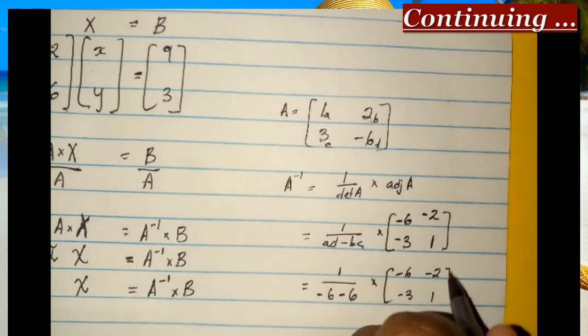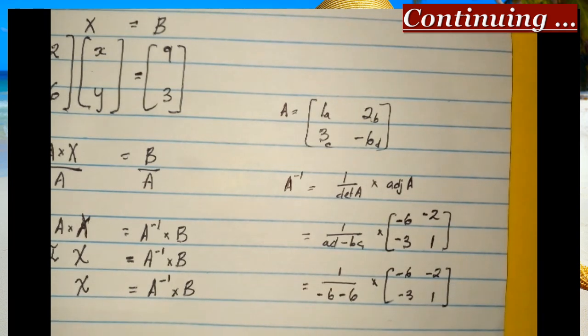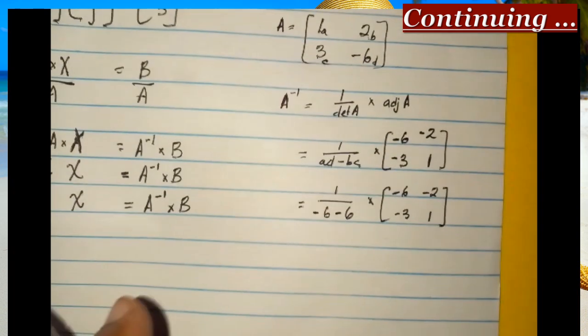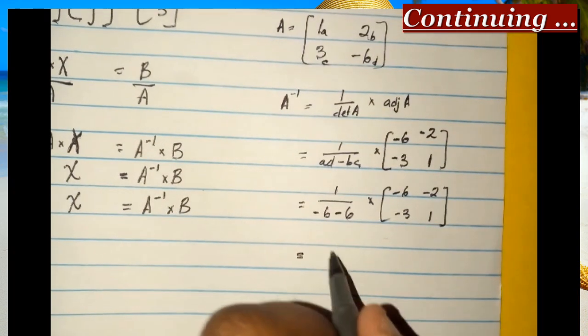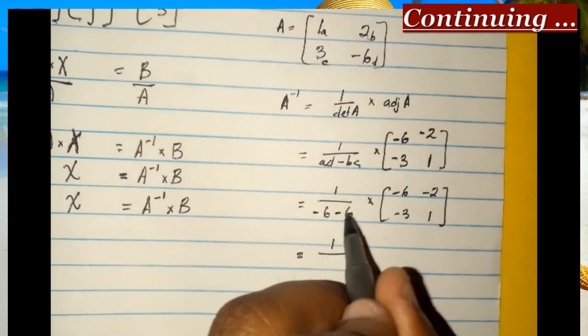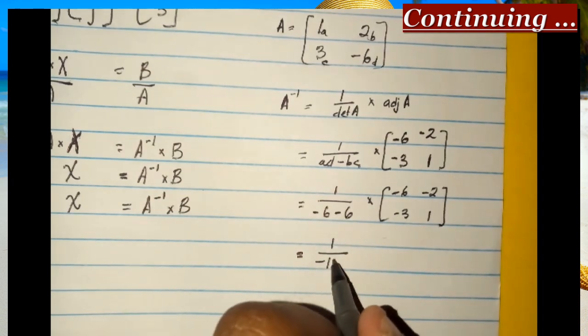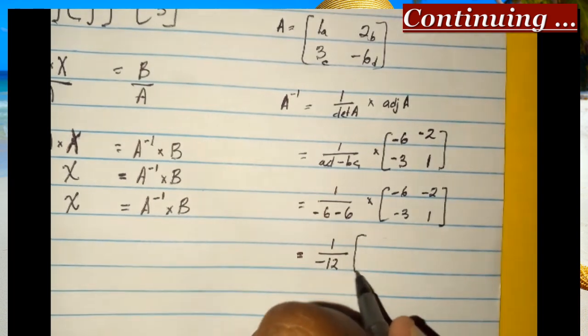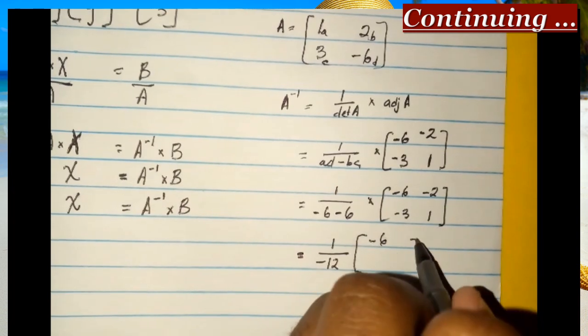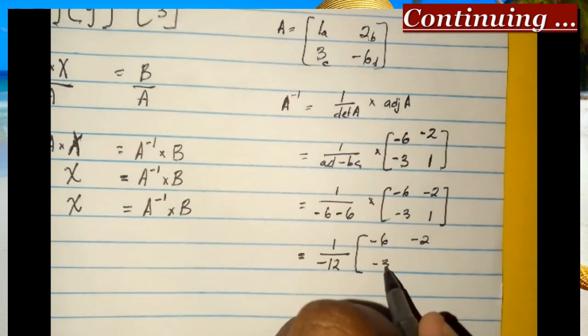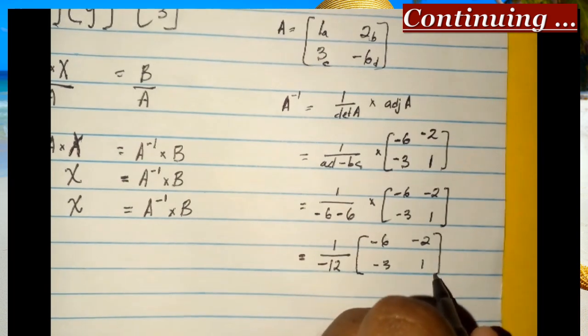It's a little bit of work. I mean, it's a lot of work, but it can be done. So 1 over negative 6 minus 6 gives us minus 12. And we're multiplying this by the adjoint. Remember scalar multiplication.